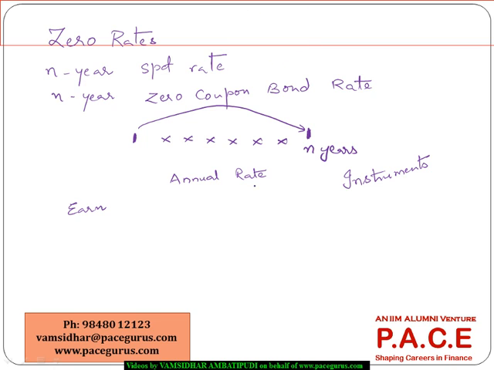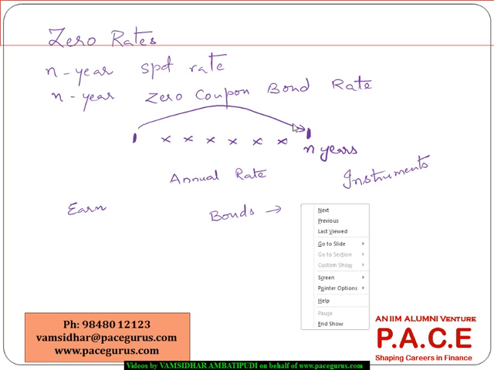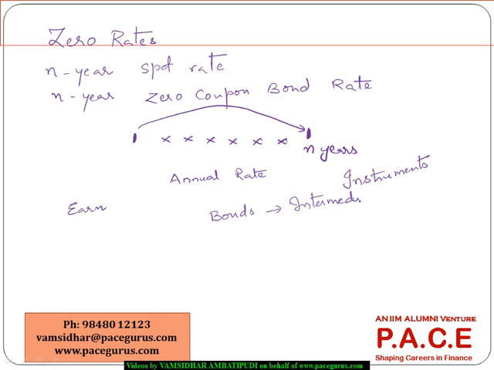But the majority of the instruments, the majority of the bonds available in the market, pay some kind of intermediate payments. They don't operate in a way where once you have invested, everything is paid only at the end and nothing after 1 year, 2 years.